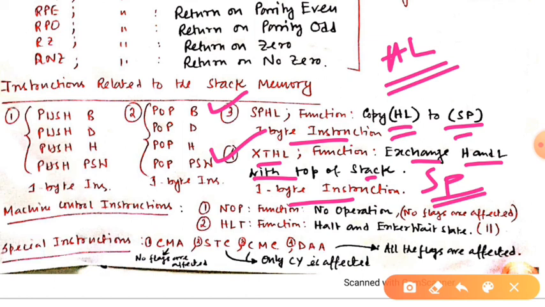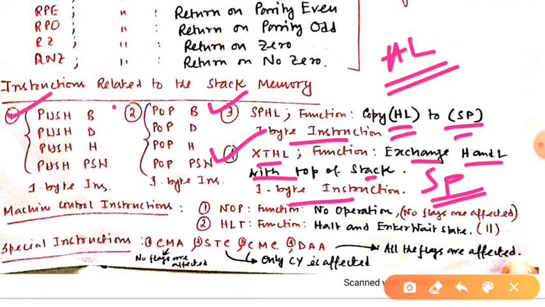We need to increment it once in order to fetch the higher order byte from the stack memory, obviously. But at the end of the execution of this XTHL instruction, the content of stack pointer will remain unchanged.